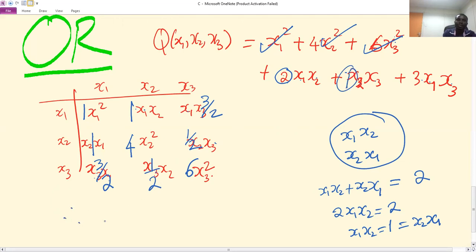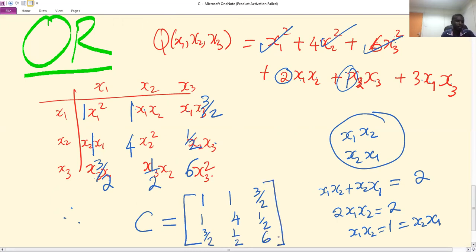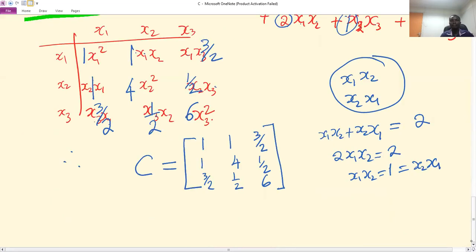Therefore, the symmetric matrix for this quadratic form is 1, 1, 3 over 2, 1, 4, a half, 3 over 2, a half, and 6, which is the same result we got in the previous case.